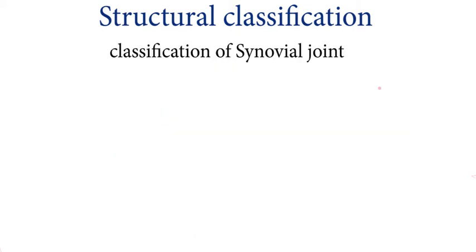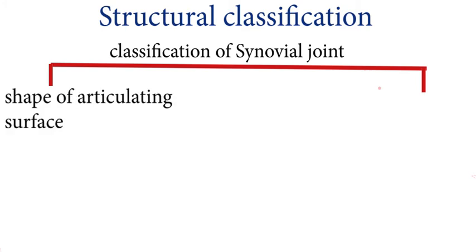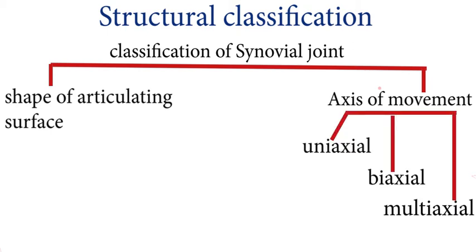Now let's talk about the classification of synovial joints. As we have already discussed, classification of synovial joints is based either on the shape of the articulating surface or on the axis of movement. According to the axis of movement, it is of three types: uniaxial, biaxial, and multiaxial.